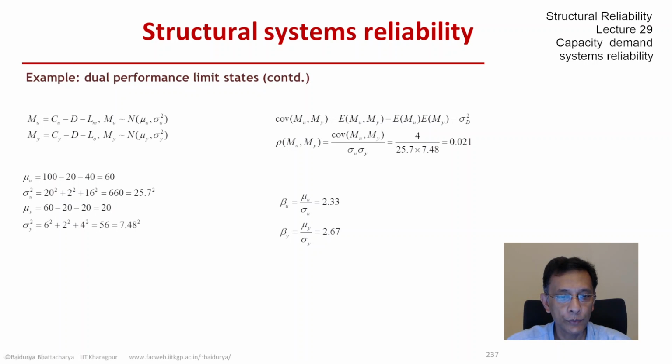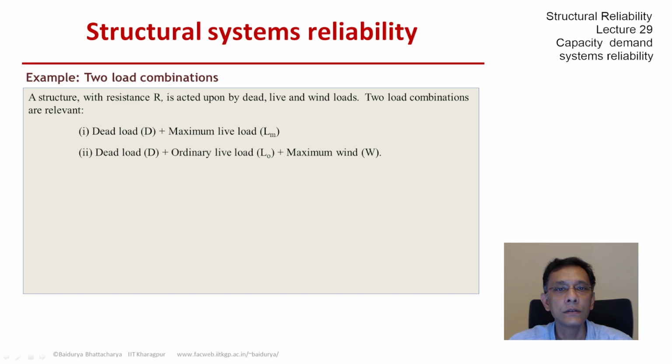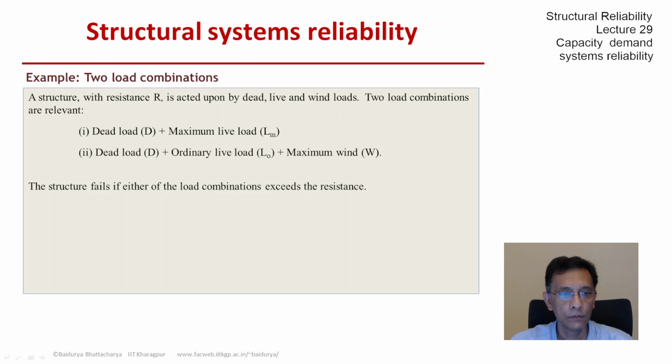Let's move on to the next related problem under this topic, which is two load combinations. We discussed two performance levels. Now let's have two load combinations, and let's say the resistance is common in both. So we have dead plus maximum live load, and the second load combination is dead plus ordinary live load plus maximum wind, and the structure has to survive both.